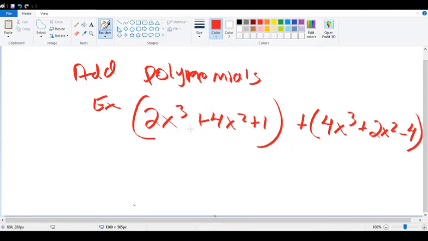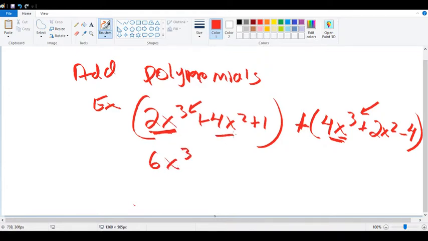To add polynomials, we have to find like terms. Now, like terms are terms that have the same variable and also the same degree or the same exponent. So these two are considered to be like terms, 2x cubed and 4x cubed. When I add these two, 2x plus 4x to the third, I get 6x to the third.